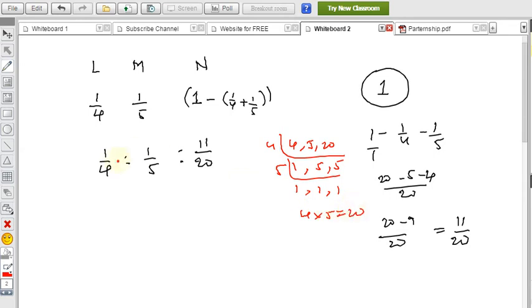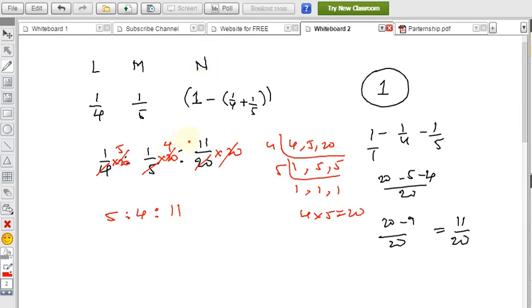Now with 20 you should multiply every number. 1 by 4 times 20 is 5, 1 by 5 times 20 is 4, and 11 by 20 times 20 is 11. Now finally the ratio of L, M, N is 5 is to 4 is to 11.